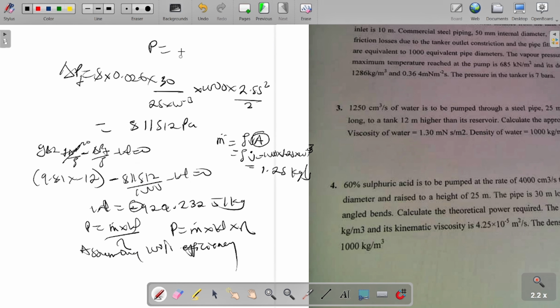That means the power now becomes 1.25 times 929.232. Since you are putting the work inside the formula, you can ignore the negative. Divide by 1, because the efficiency is supposed to be a fraction. This gives me a power of 1161.5 watts, so about 1.2 kilowatts.